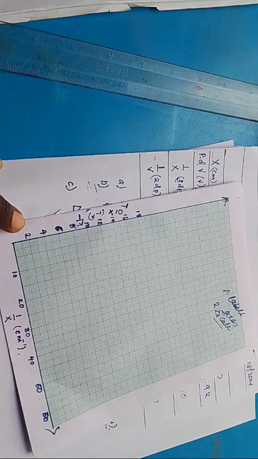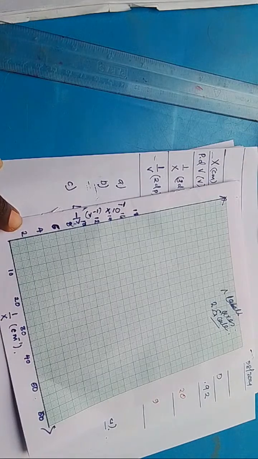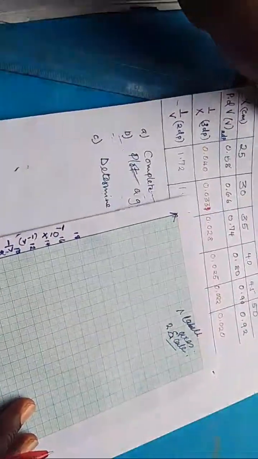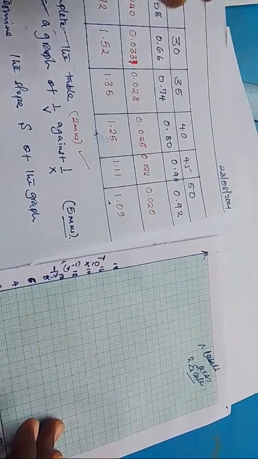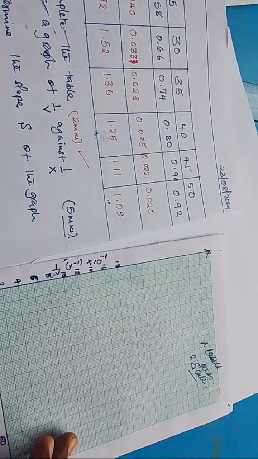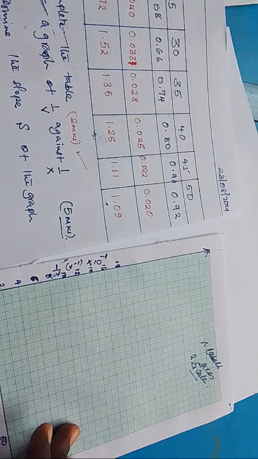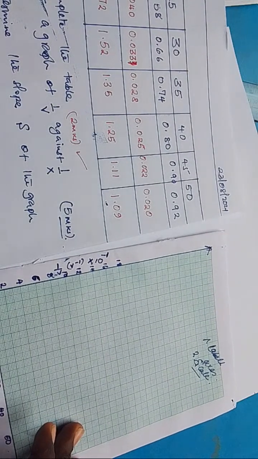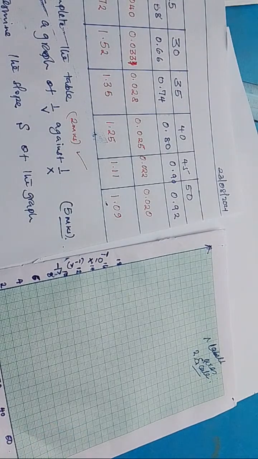Therefore, I now move to the first point, which will be on this x-axis, it was supposed to be 1 over x.